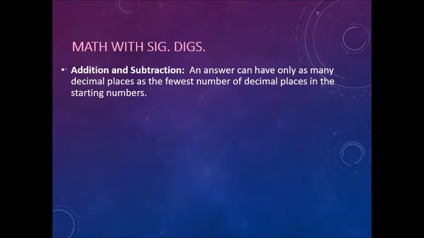Addition and subtraction. They have their own rule. They can have only as many decimal places as the fewest number of decimal places in the starting numbers. So you're really looking for place value here. I like to think about it like this. Like so. Okay, so out of all of these numbers, the 1 has the least amount of precision, whereas the 9 has the most amount of precision.